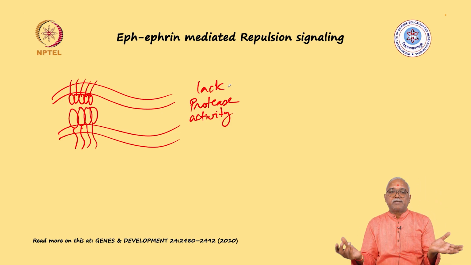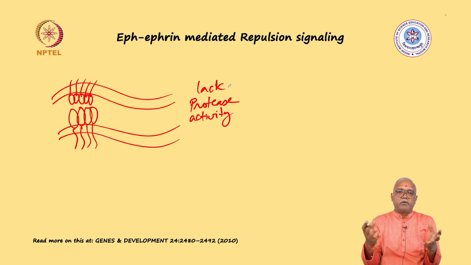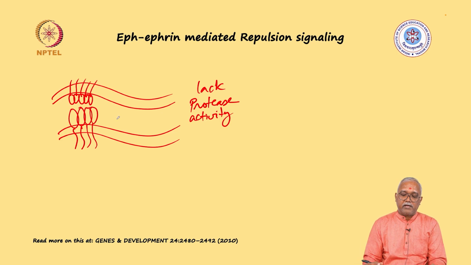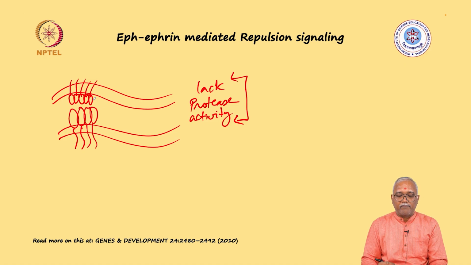Remember, any protease activity is not good. So, this molecule which is present and outside, that will not be free to cut receptor before it can be engaged into the signaling. So, some way this enzyme has to be kept inactive, right? And in the situation which we are discussing here, this inactive enzyme is not activated. So, it is not going to resolve by digesting the extracellular domain of the ligand.